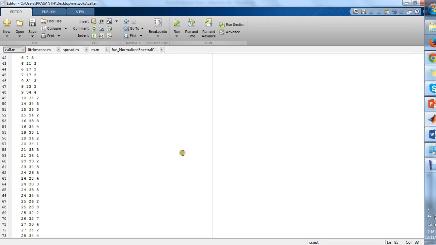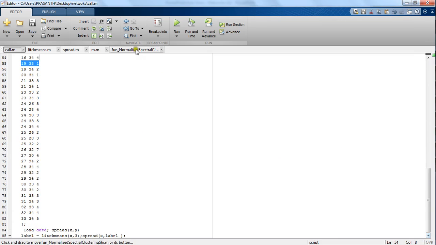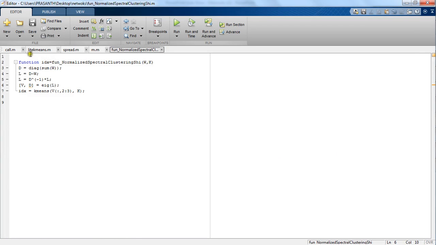We will now see the implementation of the normalized cuts. This is the function for the normalized cuts.